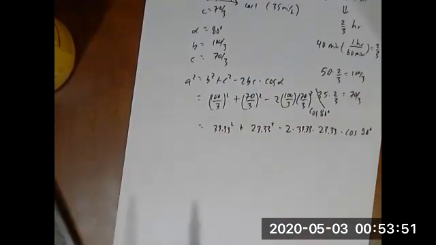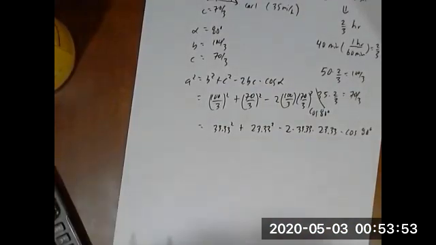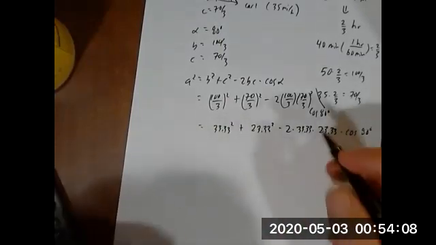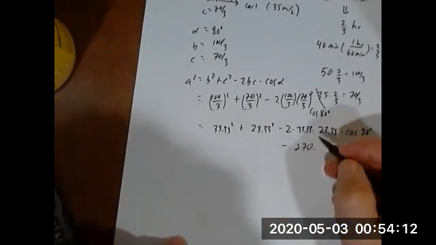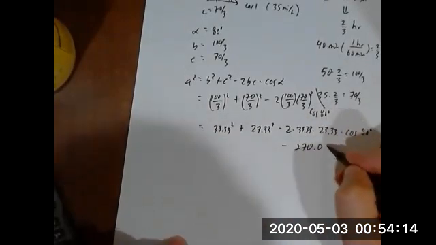On my calculator, I can do this whole thing. Start with cosine of 80 degrees times 23.33 times 33.33 times 2. It's about negative 270.05.